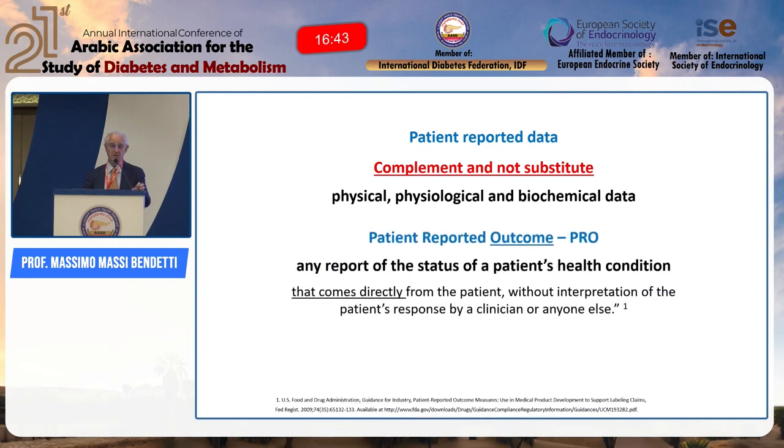The patient-reported outcome is any report of the status of a patient's health condition that comes directly from the patient, without interpretation of the patient's response by a clinician or anyone else. They are pure information coming from the directly interested people.